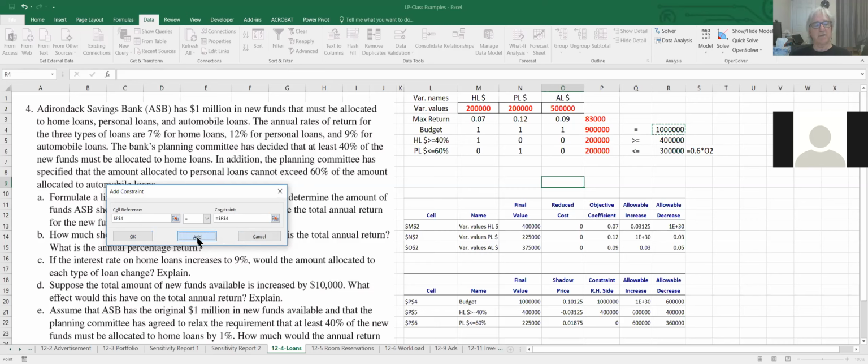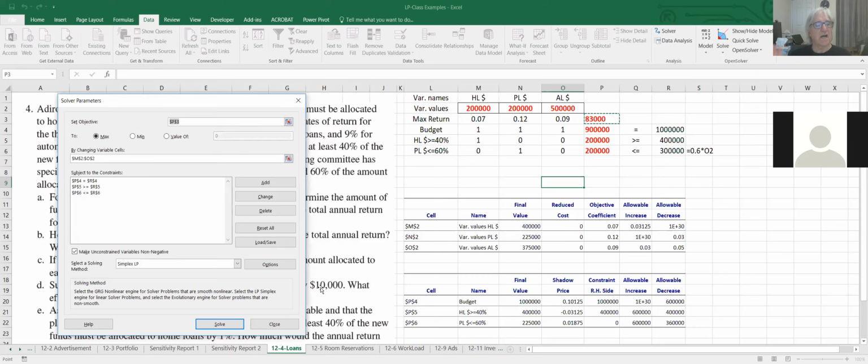Now you add a second constraint. The left-hand side is greater than or equal to the right-hand side. And now add the last one. You see it's already less than or equal to by default. So I click here and enter this value.